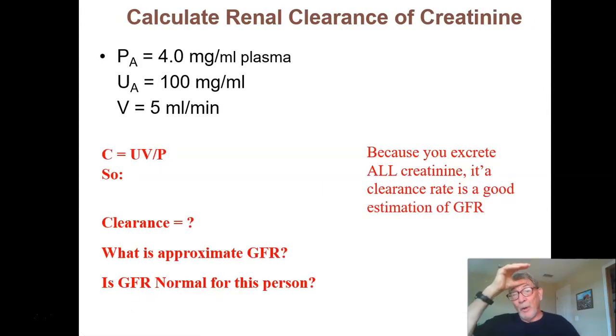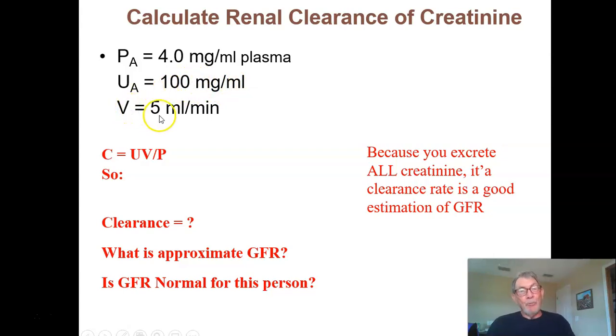Let's look at this one. This tells you two different things. How about a renal clearance of creatinine in this particular patient? Well, we took a blood sample, and they had 4 milligrams of creatinine per ml of plasma. The concentration of creatinine in their urine that you measured after they peed in a cup was 100 milligrams per ml.